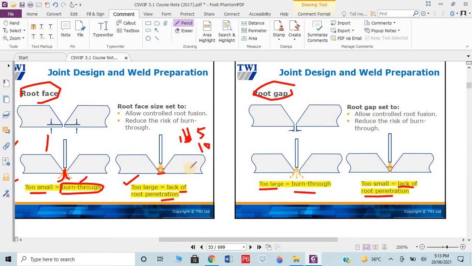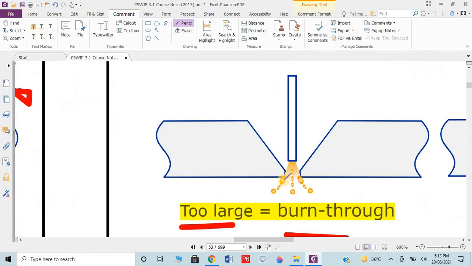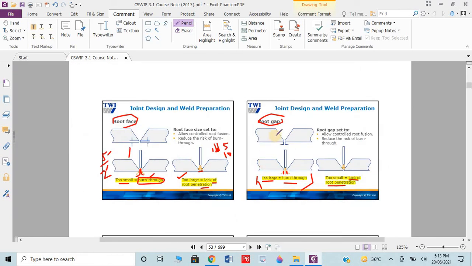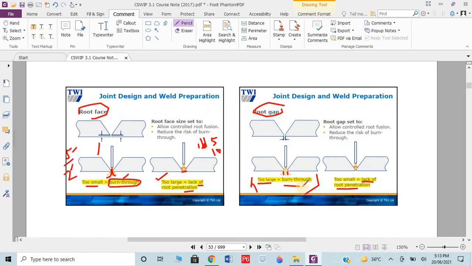And they are vice versa. If the root face is too large, lack of penetration. If the root gap is too large, burn through. Got it? It means if there is too much gap, then definitely it will go easily beyond the limits, so burn through will occur. This is a very important point. Sometimes they will give it to you in the exam. If you have a large gap more than the design limit, then which defect could occur?